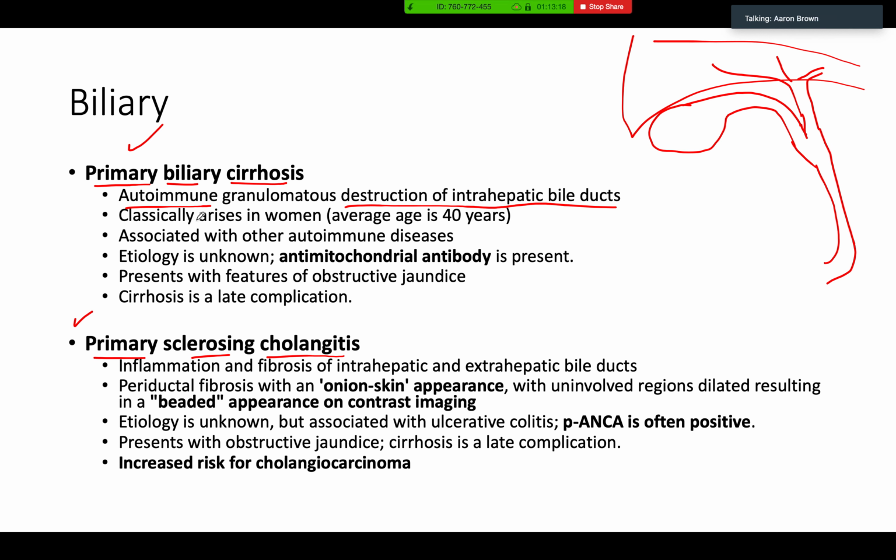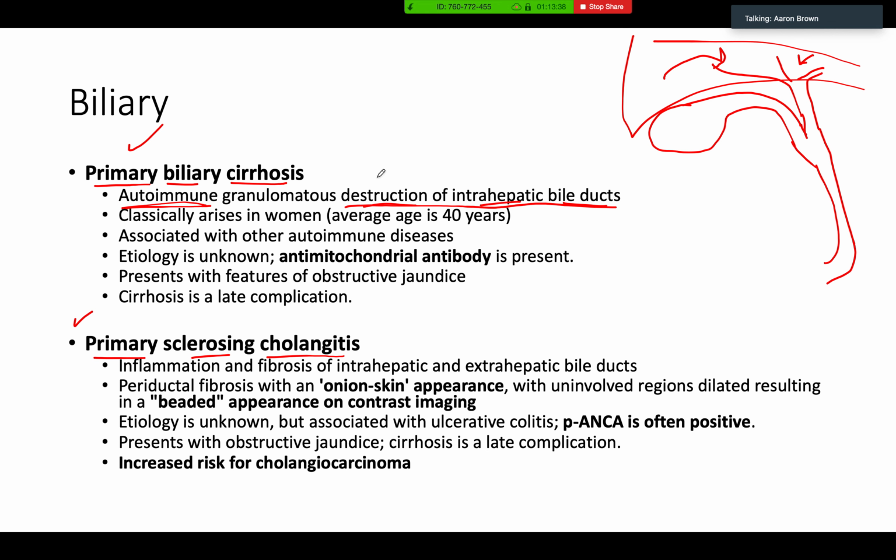And so we said that we have autoimmune destruction of intrahepatic bile ducts. So the bile ducts that are in the liver. I'm talking about this one, and I'm talking about this one. Okay, that is where the destruction is. If you're asked to label it on a diagram for primary biliary cirrhosis, it's intrahepatic, inside the liver.